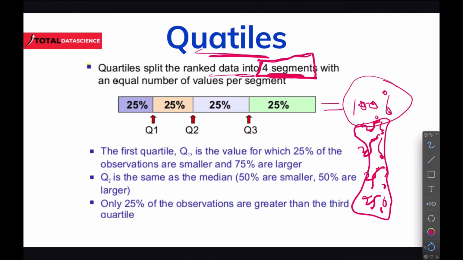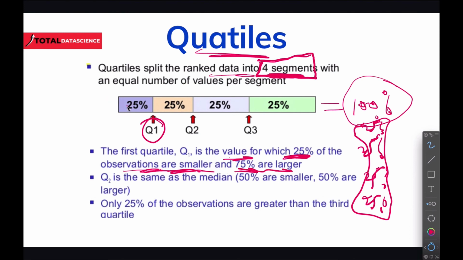Now if you pick the Q1, the Q1 is the value for which 25% of the observations are smaller and 75% of the observations are larger.